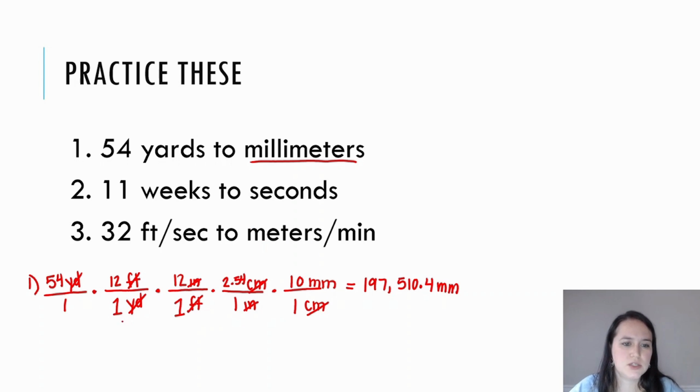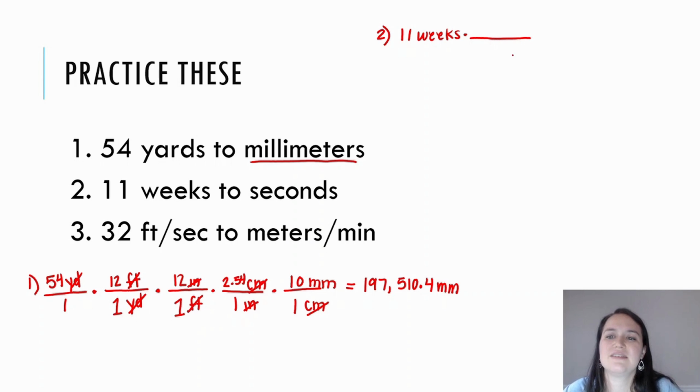All right, I'll do number 2 up here. And I want space for 3. 11 weeks to seconds. So how many seconds is 11 weeks? All right, so I'm going to go from weeks. I think I'm going to go to days. Let's go to days. So 1 week has 7 days in it.